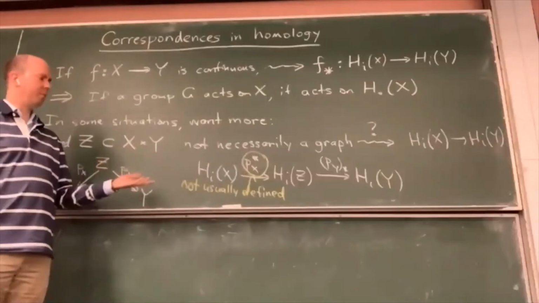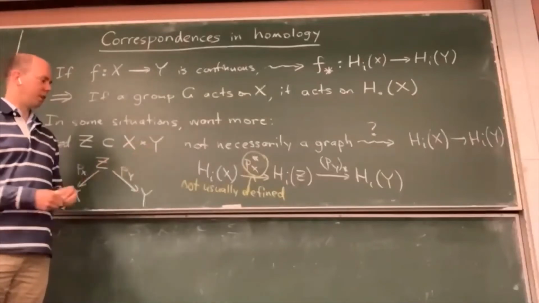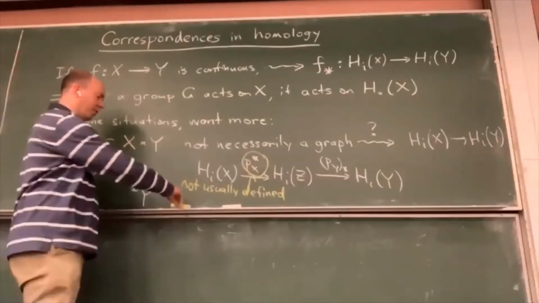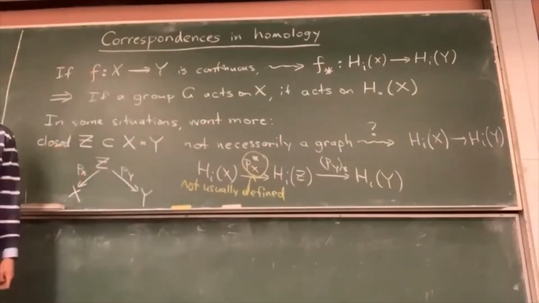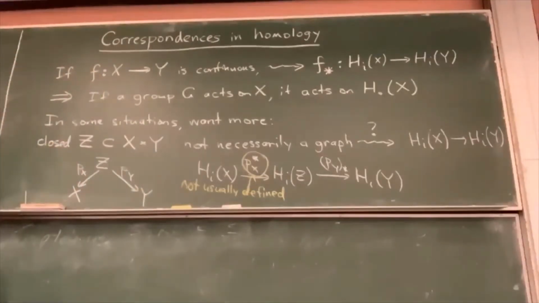So what we really want is a homology theory which is sort of a bit of a mix of covariant and contravariant, which has both push forwards and pullbacks. It's implausible for it to have push forwards and pullbacks with respect to all maps. So what you give up is that complete functoriality property.